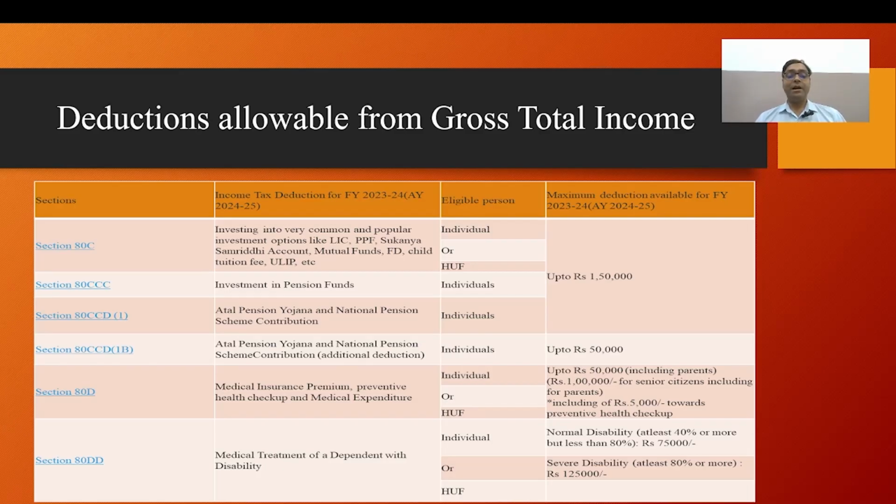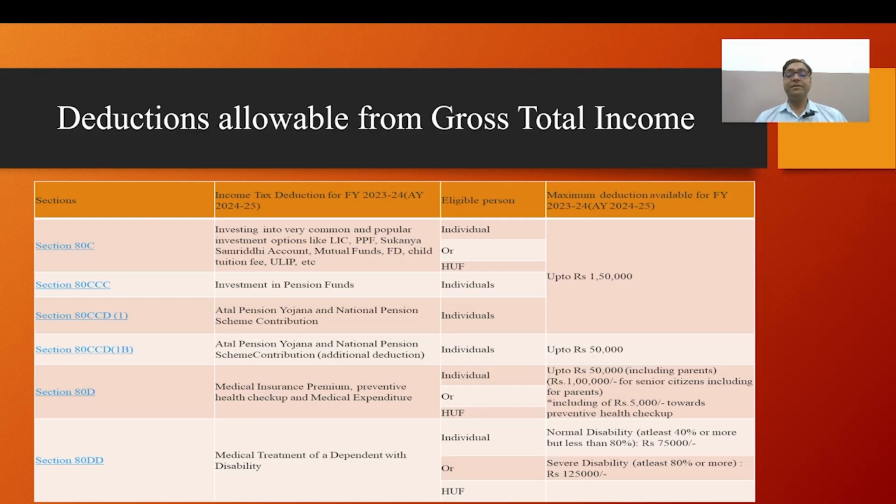Okay, and now section 80DD. We will be discussing medical treatment of a dependent with disability. The eligible person is an individual or HUF, Hindu undivided family.